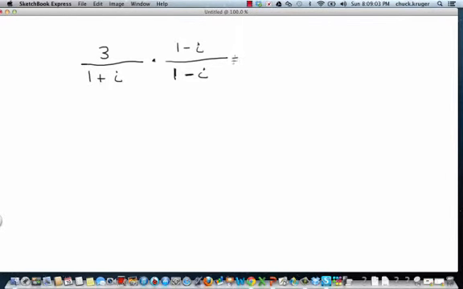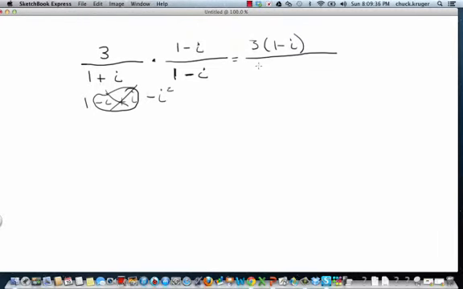So on the top, I'm going to have 3 times 1 minus i. And on the bottom, what's nice about multiplying conjugates is that if I FOIL this, I'll get 1 minus i plus i minus i squared. Every time you multiply conjugates, this always happens. Those two inner parts are opposites.